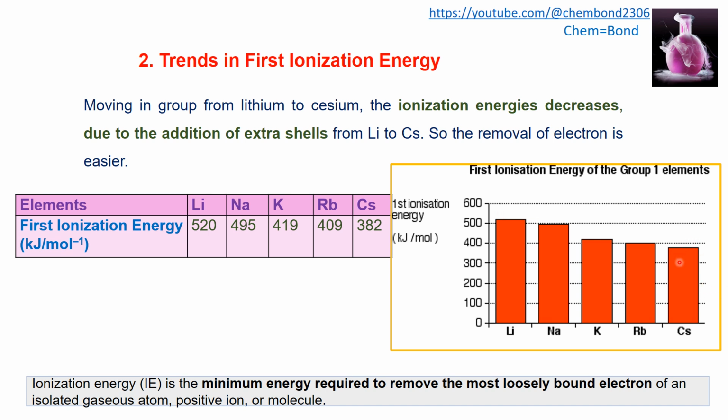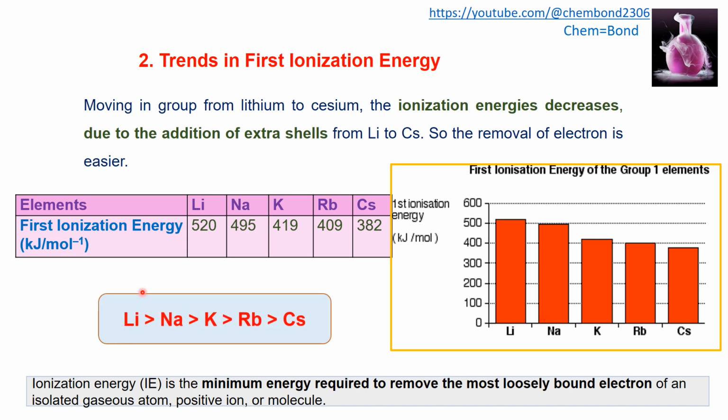While in case of cesium, as more shells are added, the attraction of the nucleus for the outermost electron will be less, so it will easily lose the electron. So the general trend will be that lithium will have the highest ionization energy and cesium will be at the lowest.